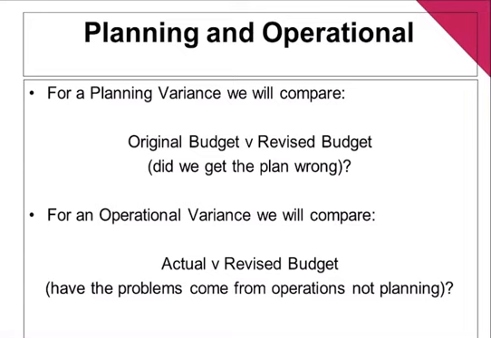And then for the operational variance, you actually compare your actual performance against your revised budget. So you've got new data that you can compare against. So again, let's use the cinema. You were expecting it to cost you £20. Then you realised that they didn't offer a student discount on the hours that you planned to go, so your costs are going to increase.